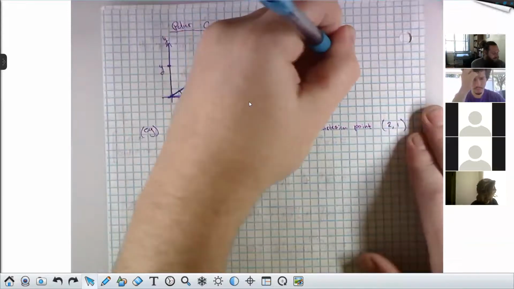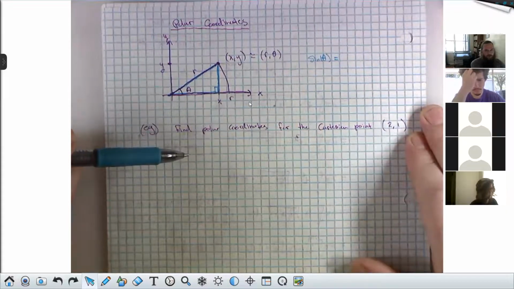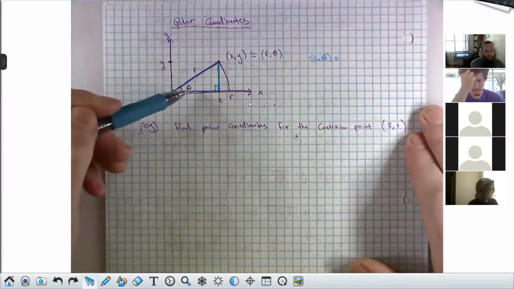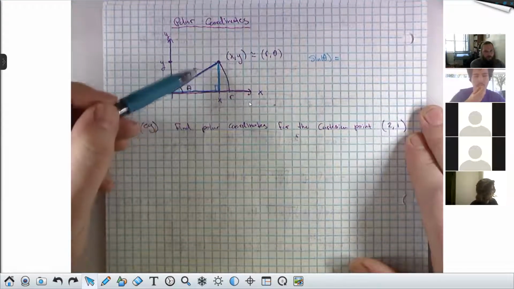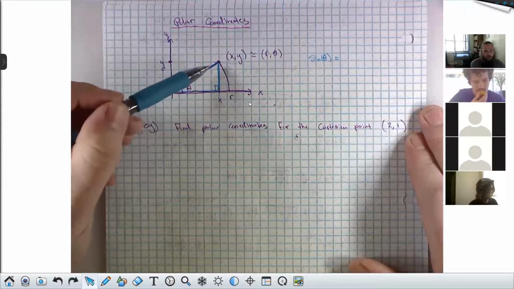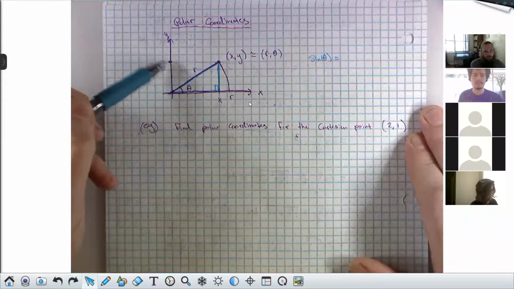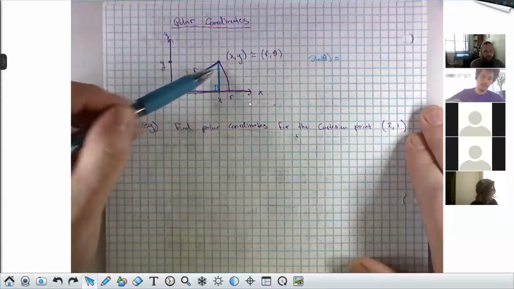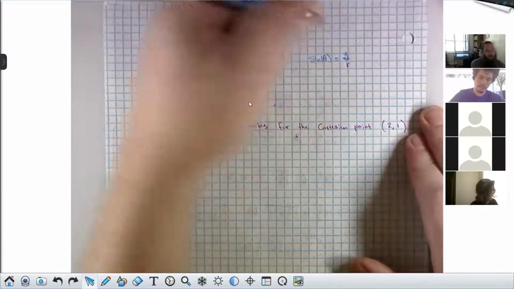Sine theta is the opposite over the hypotenuse. So for this angle theta in here, the sine of theta would be this vertical length over this hypotenuse. Well, this vertical length is the altitude of that point, which is y, and the hypotenuse is the radius, r. So sine theta is y over r.